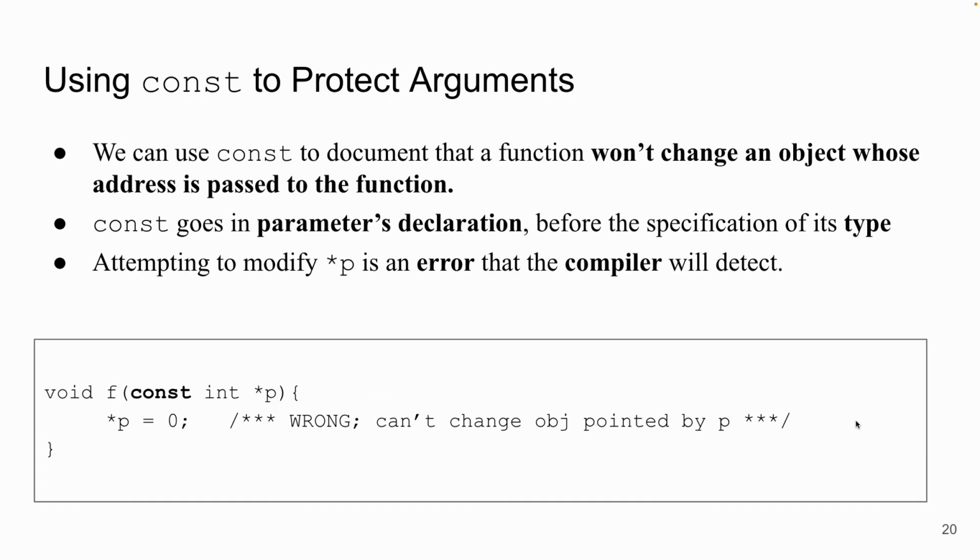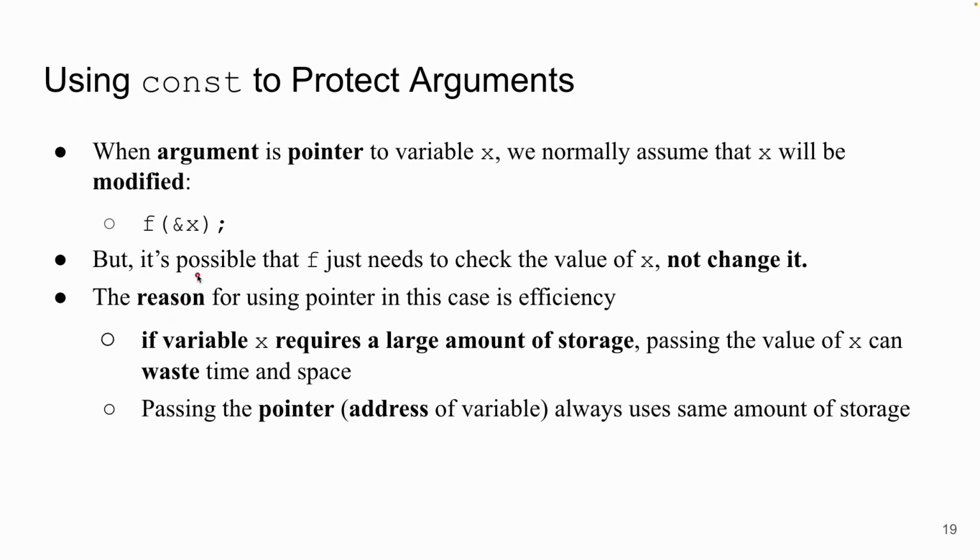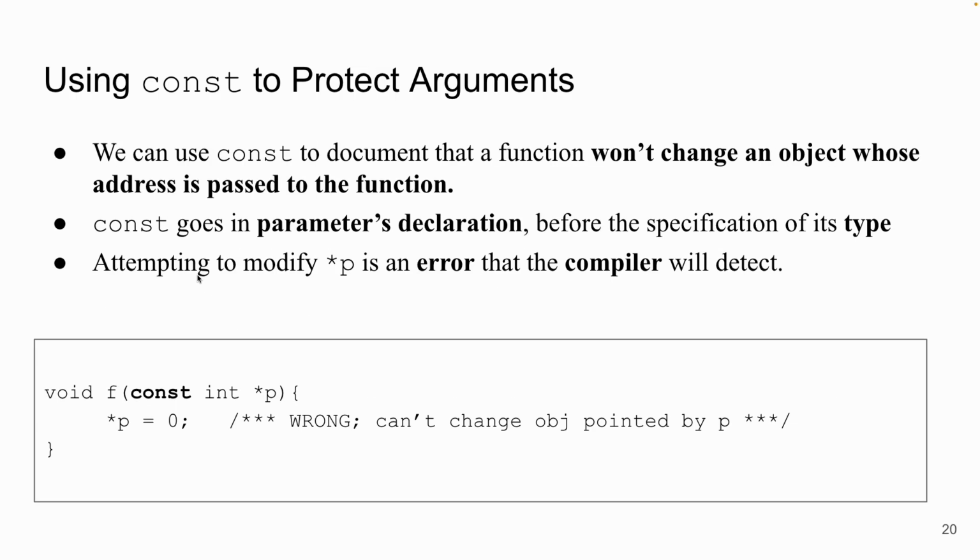So let's go back here. In this case, the purpose of f is that it just wants to check the value stored inside x, but we don't want this function to change the value of x. To do that, we can use the keyword const here. This const should go in the parameter declaration, and we need to put it before the type of the parameter.